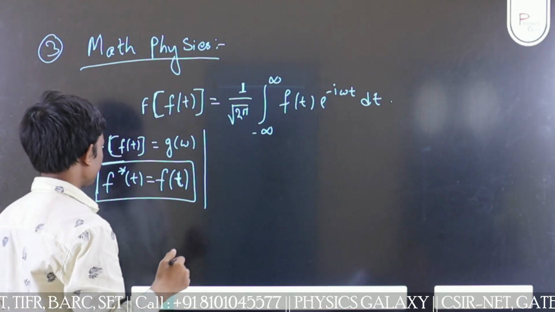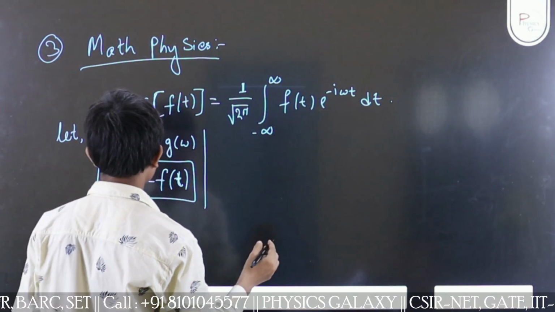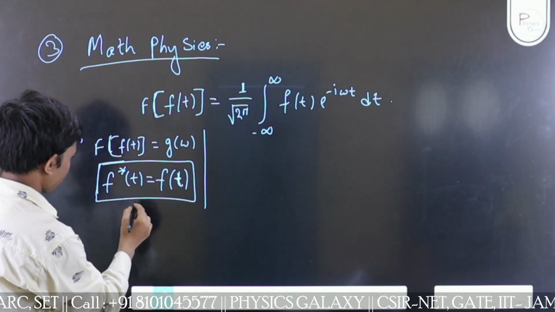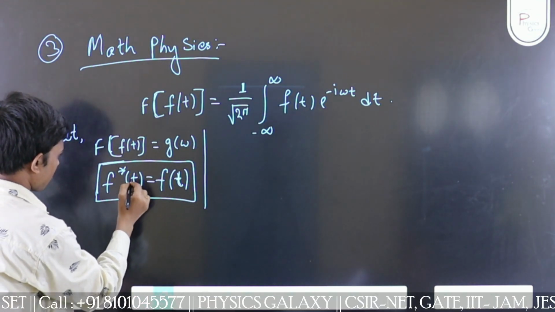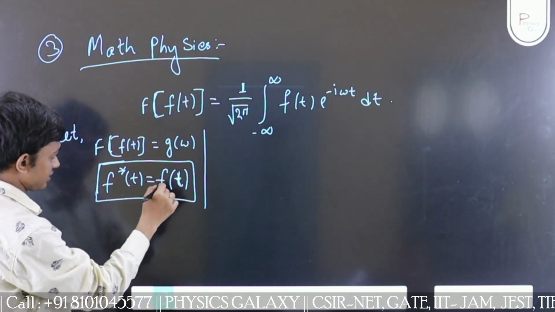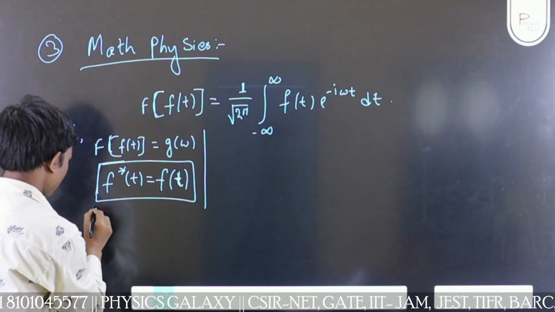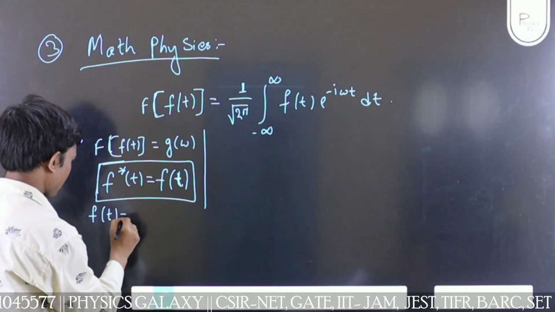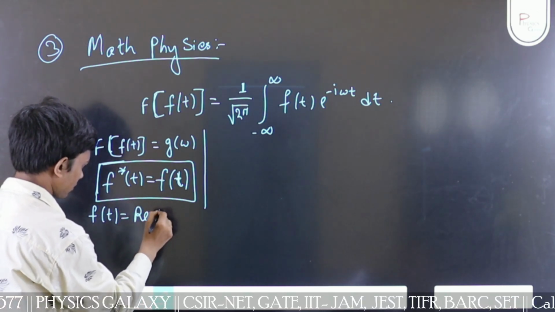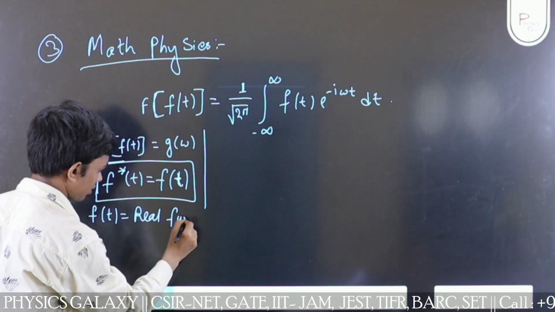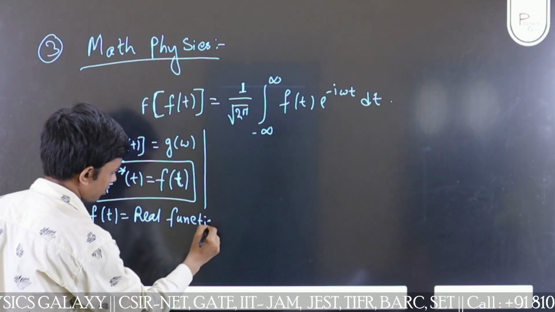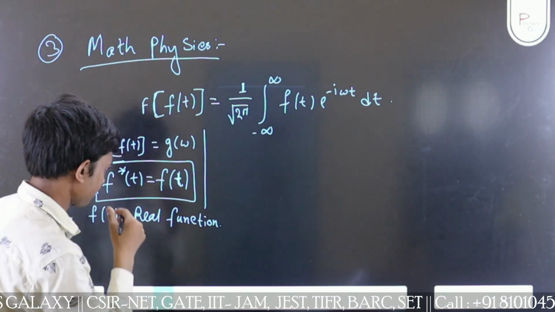I told them that here the complex conjugate of the function is itself, so it is a real function. F of t is a real function.